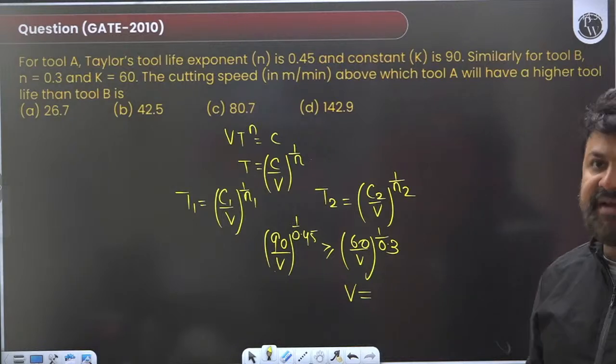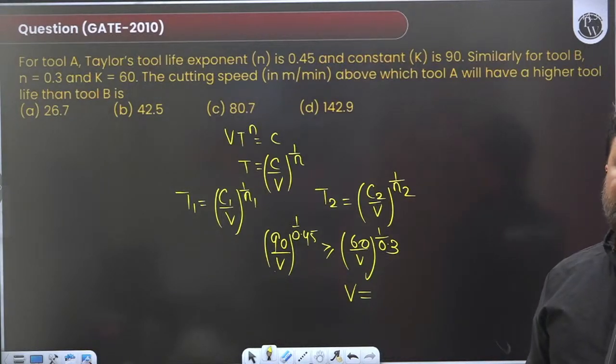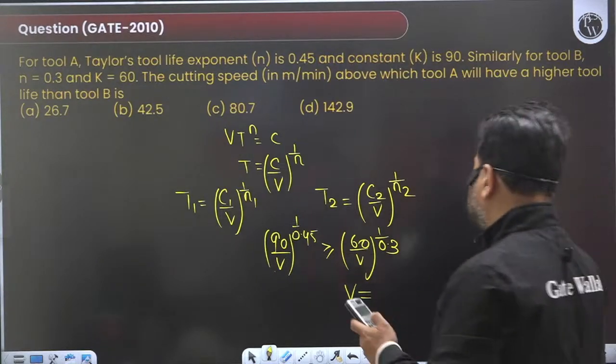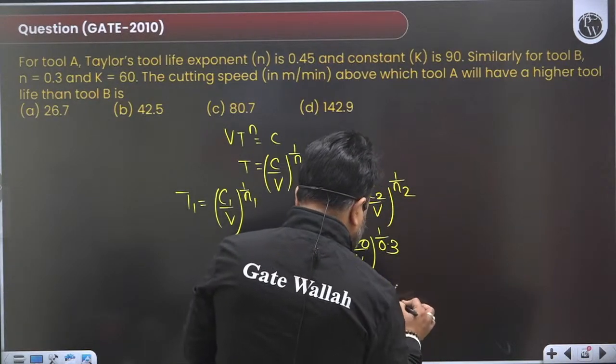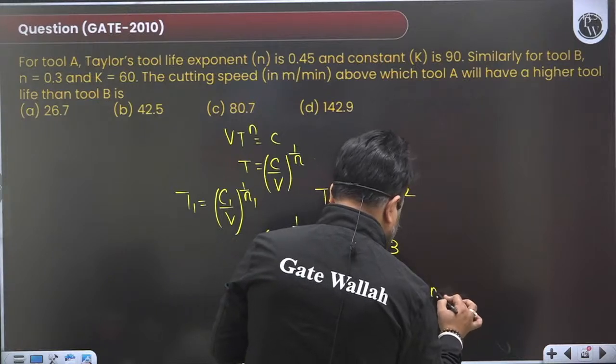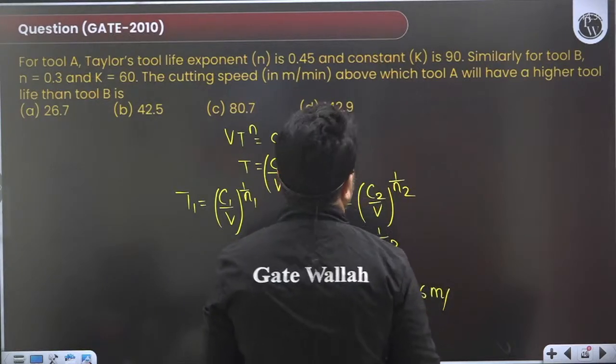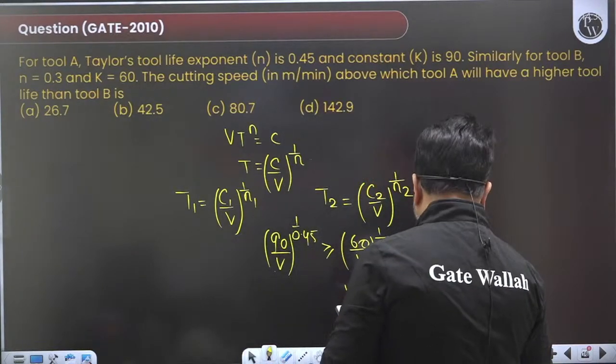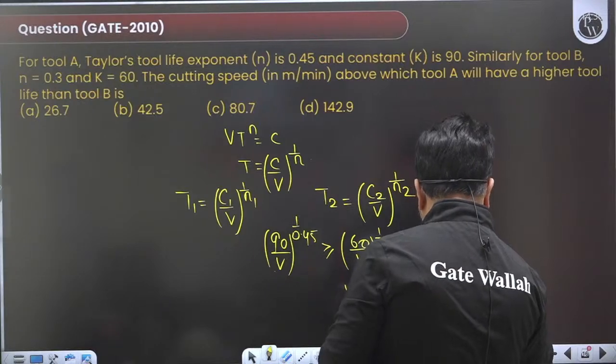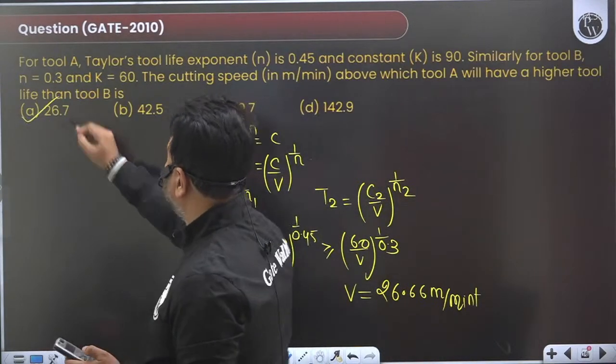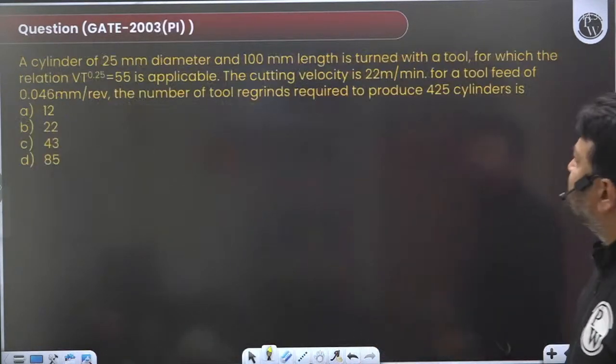How much are you getting? 26.66. 26.66 meter per minute. So option A is the right answer.